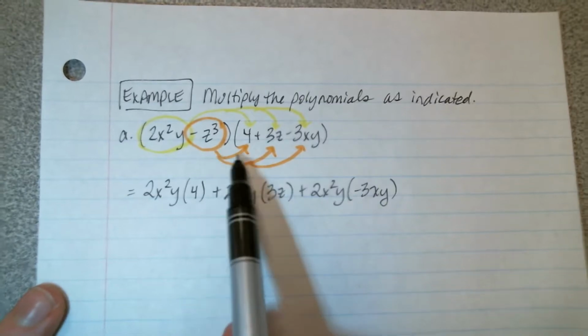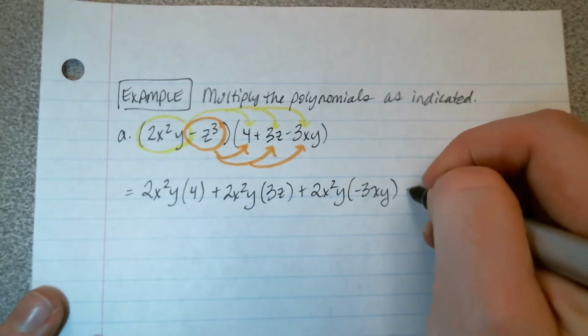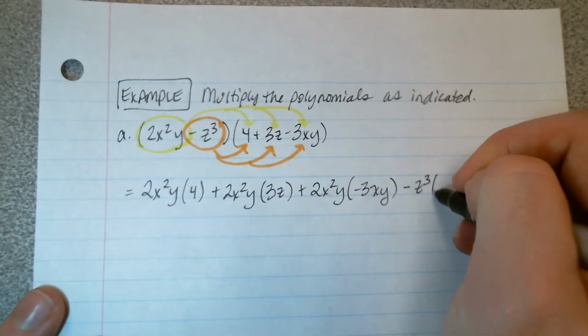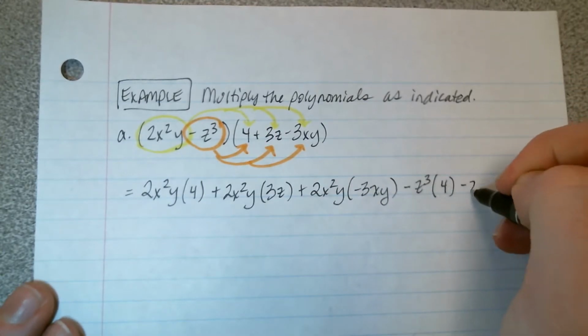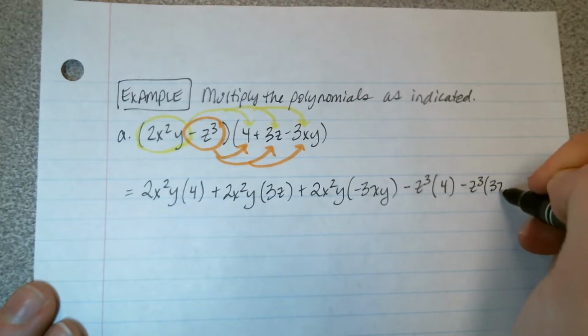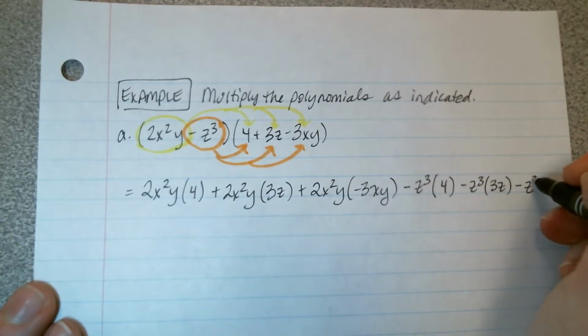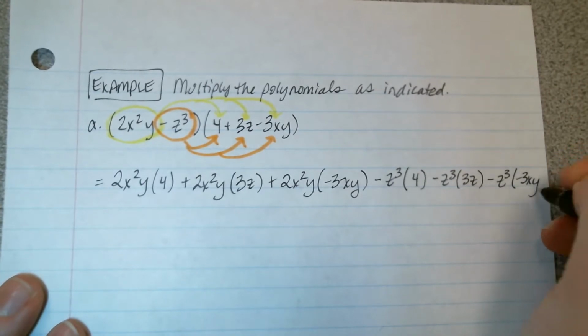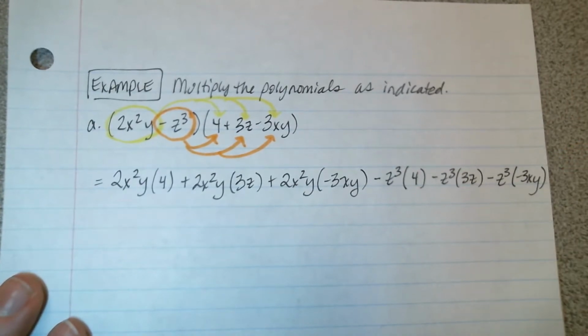And now the second term, distribute. So minus, because this is a minus, z cubed times 4 minus z cubed times 3z minus z cubed times negative 3xy. There we go.